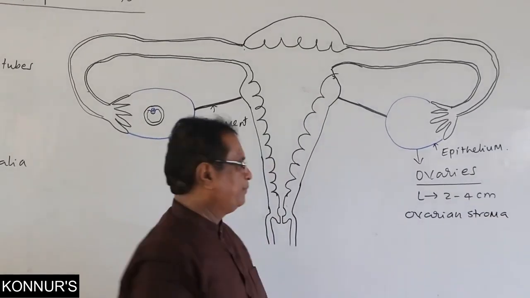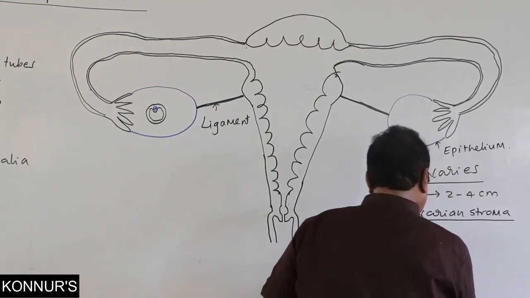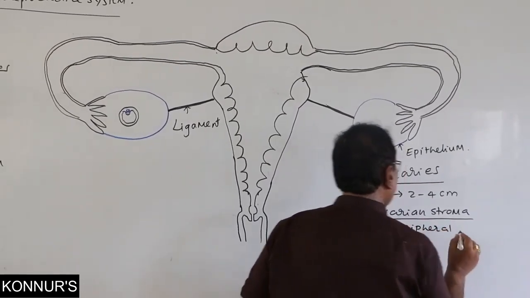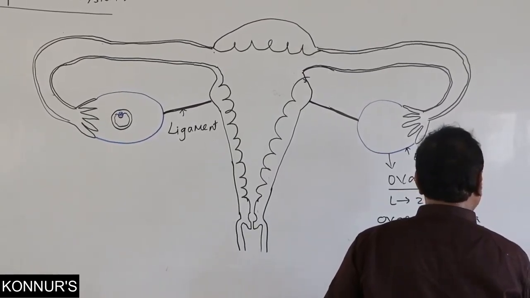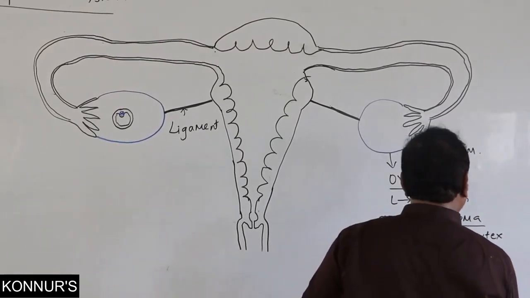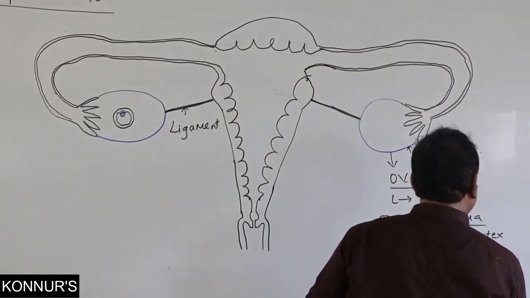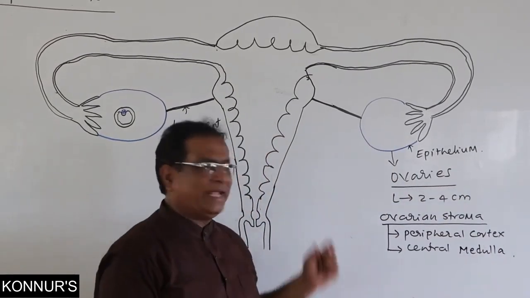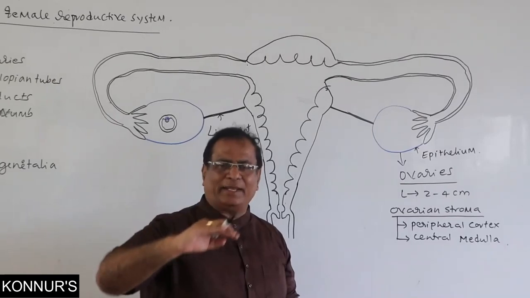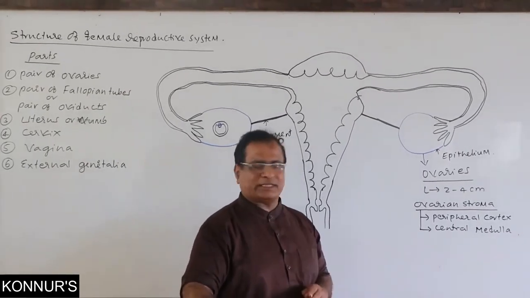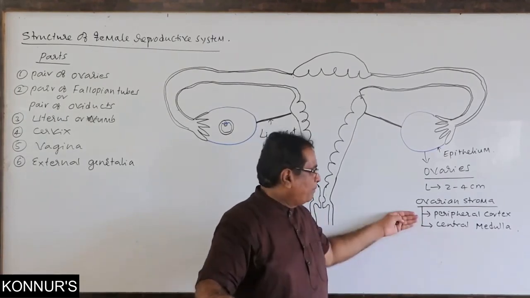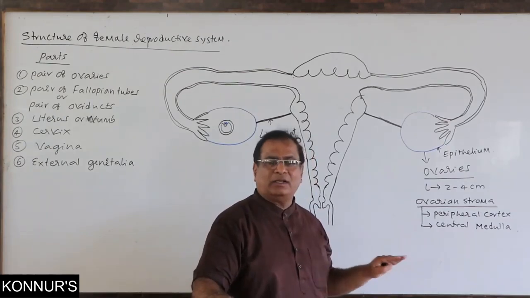This ovarian stroma is distinguished into a peripheral cortex and a central medulla.